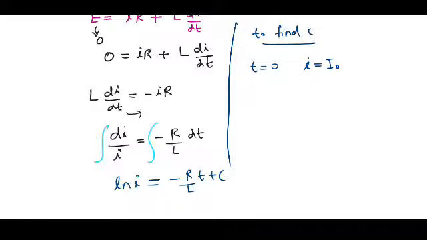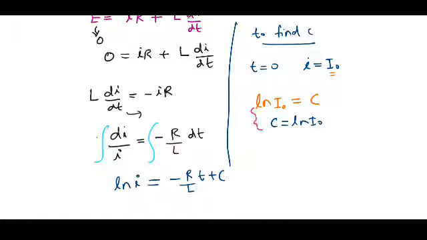Apply this to the expression: when t is equal to 0, I is equal to I0. Therefore, this will be natural log I0, then at t equal to 0 the first term is 0, so C is nothing but natural log I0.